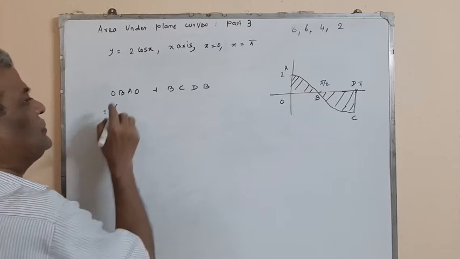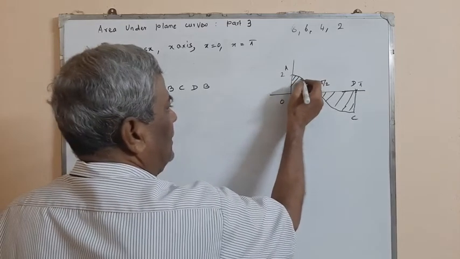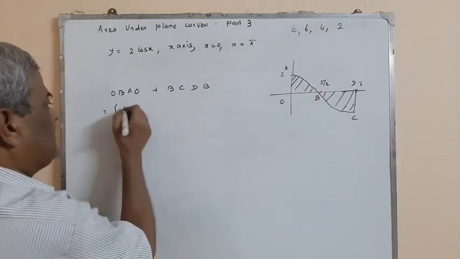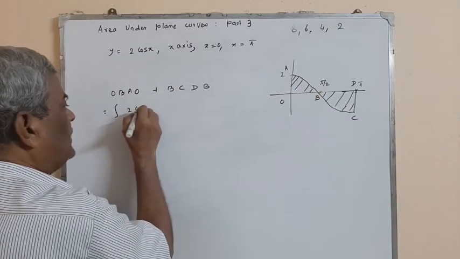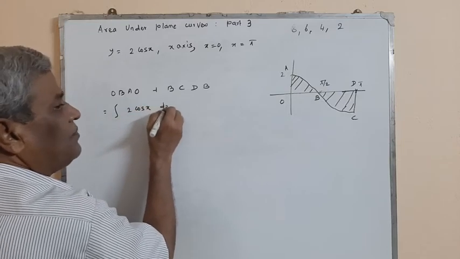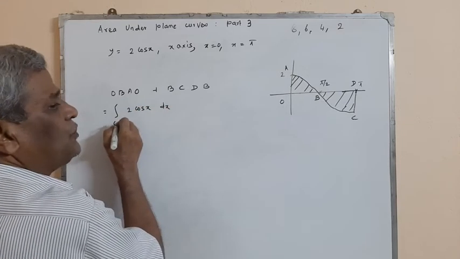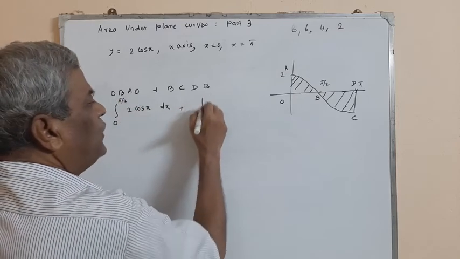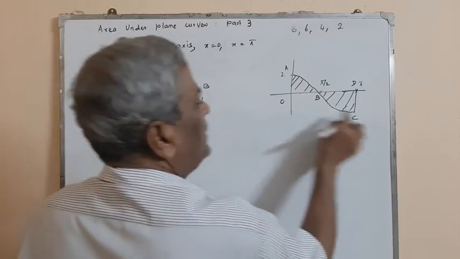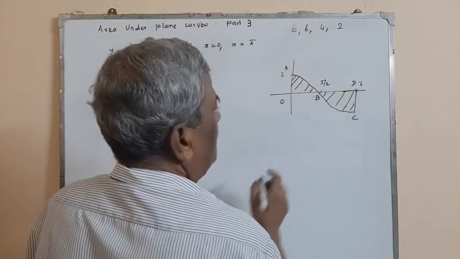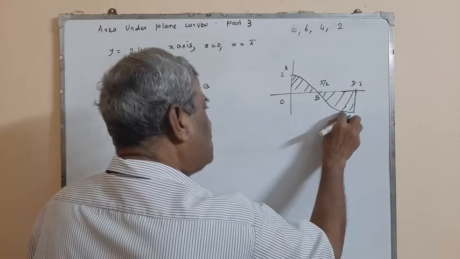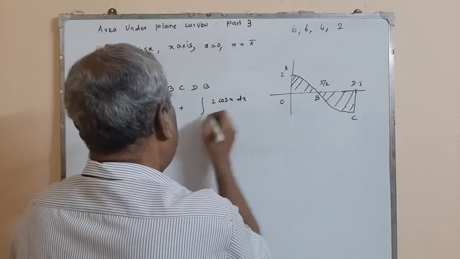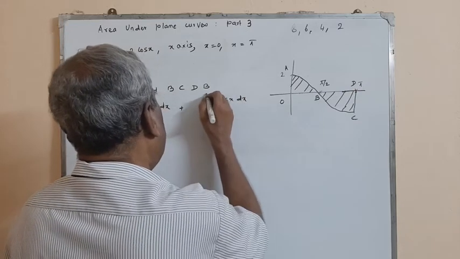Now OABC: the curve is y is equal to 2 cos x dx, and the limit is from 0 to pi by 2, plus the second one, BCDB, y is equal to 2 cos x again dx, with limit from pi by 2 to pi.